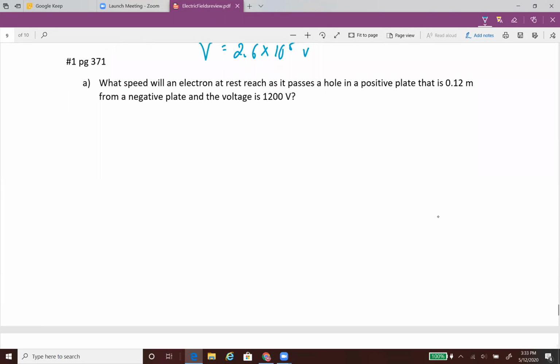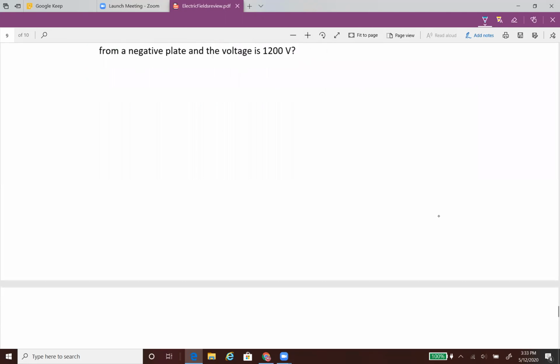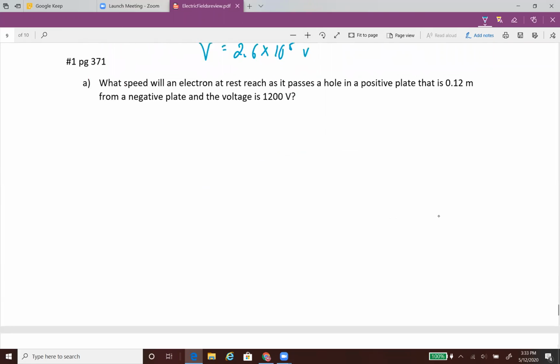What speed will an electron at rest reach as it passes a hole in a positive plate that is 0.12 meters from a negative plate? So imagine 2 plates, and there's a hole, and we have some electron.